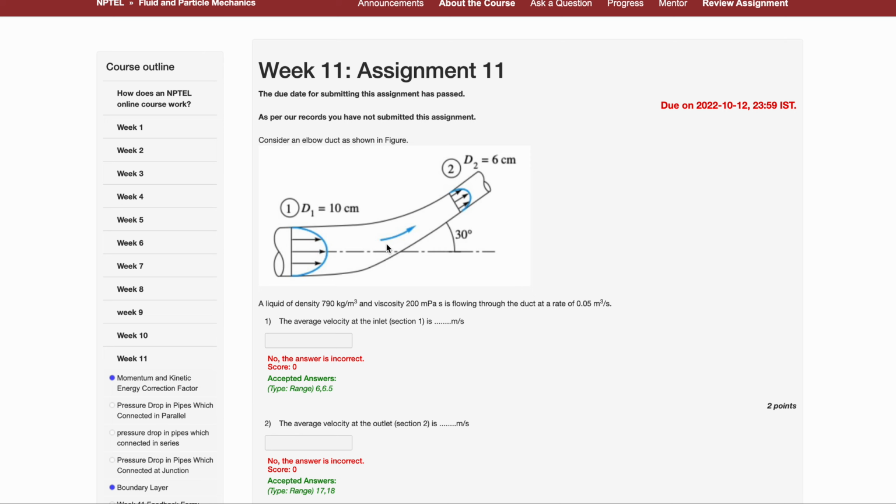This angle is 30 degrees. And it is given this velocity profile at the inlet and at the outlet. The velocity profiles at the inlet and at the outlet are given.